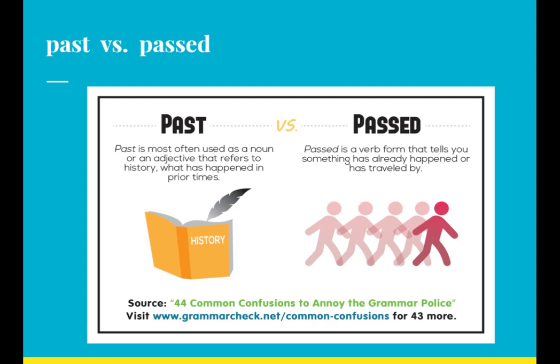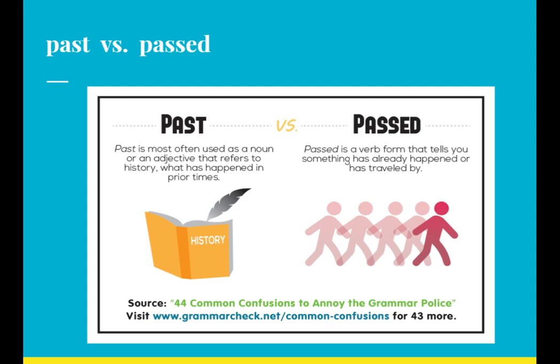So past with an ST on the end of it is most likely used as a noun or an adjective to talk about history, something that's happened prior, the past. And the other one with the 2 S's and an ED is something that has already happened or has traveled by, passed you by. So we're talking about a verb versus past in terms of a noun with the AST.